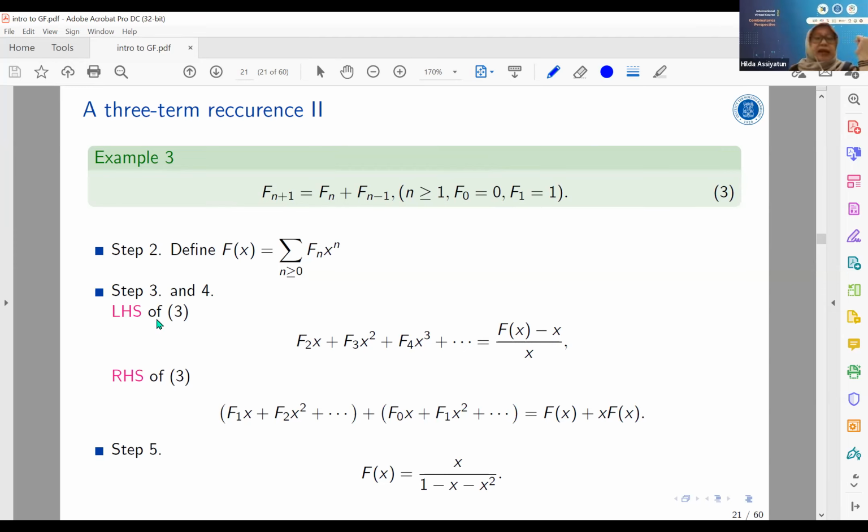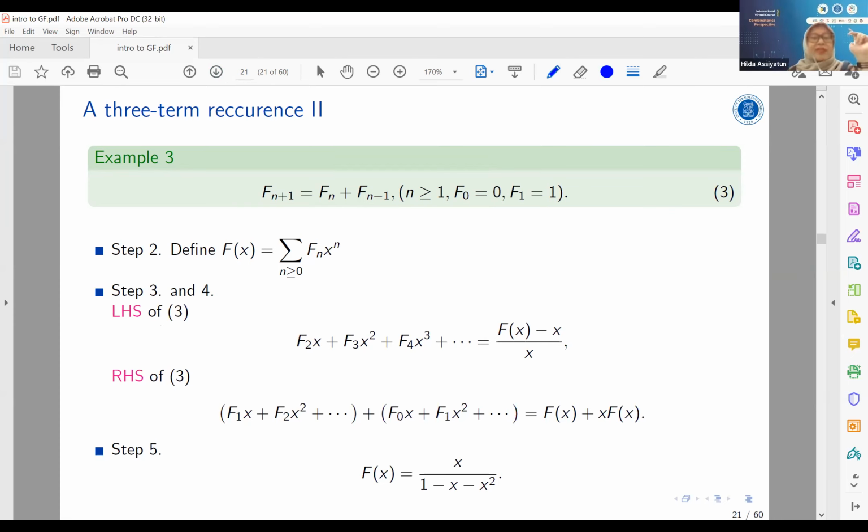Combining the left hand side and the right hand side, we obtain F(x) equals to this rational function. Up to this, we have finished the method.